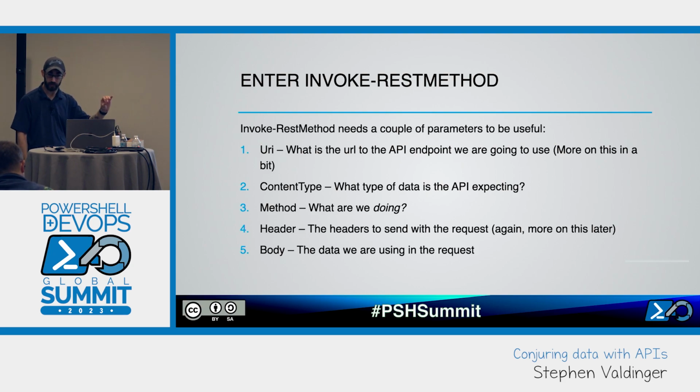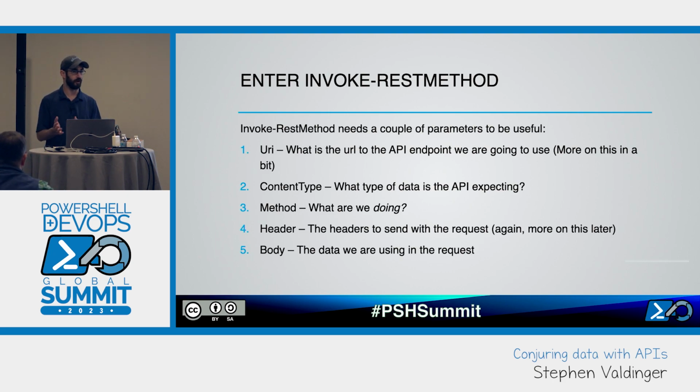So you need a couple of things to do this right. You need to tell Invoke-RestMethod where to go. You need that URI. You need to tell it what the content type is, because depending on the method, the content type might be different. Now, 98.895% of the time, it's going to be application/JSON as the content type.